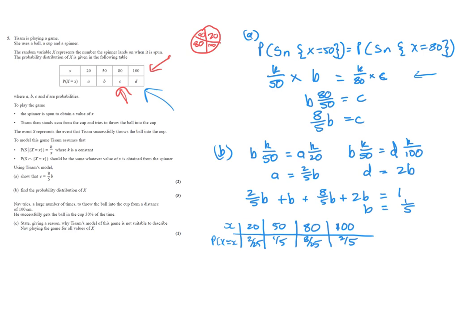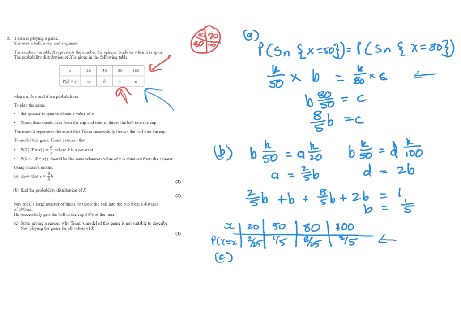Therefore, to compensate for that, it must be that it's more likely that you get the 100 and so on. So I would hope in sequence these are getting bigger, and that's certainly the case, isn't it? That 2/25 is the smallest probability, combined obviously with the easiest throwing situation, all the way up to the 100, which is the hardest thrown situation, but because it's easier to get it on the spinner, that's what maintains the probabilities.